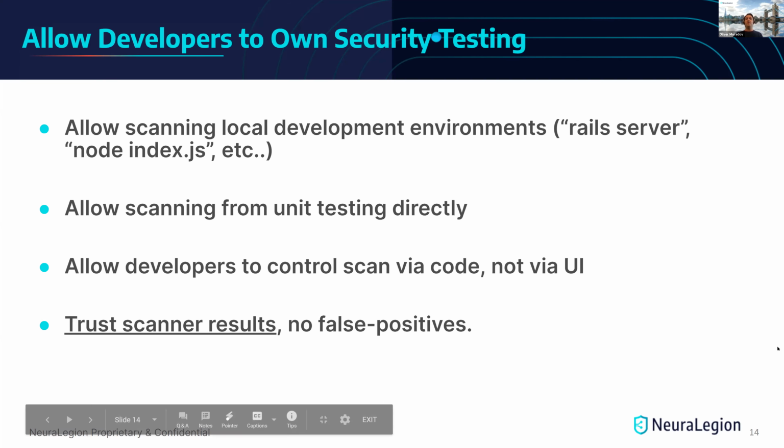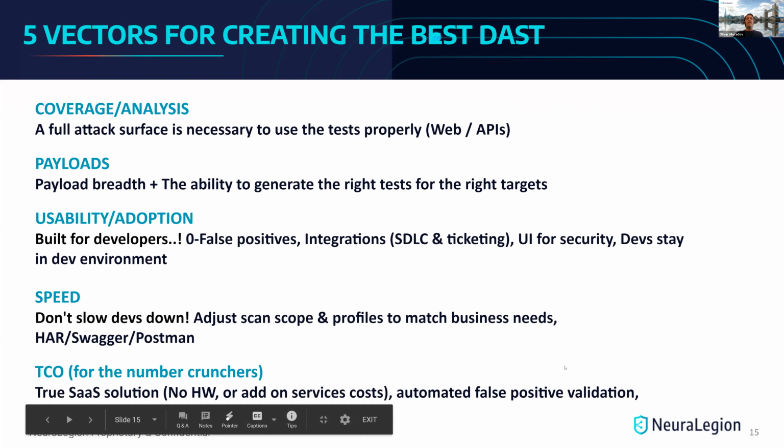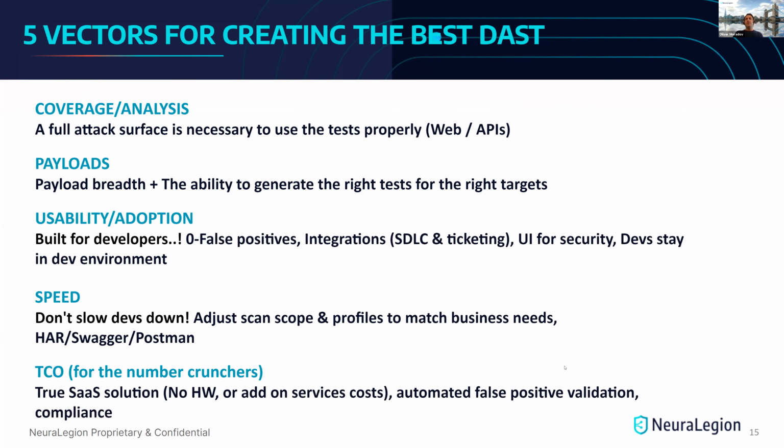So let's look at the 5 key vectors that NeuraLegion looked at. DAST is a very, very old security testing technology or methodology of testing. It's not that we've come to the fold with a new way of testing, but actually we've reinvented the way that DAST can be performed, not only by security professionals, if there are any security professionals listening today.